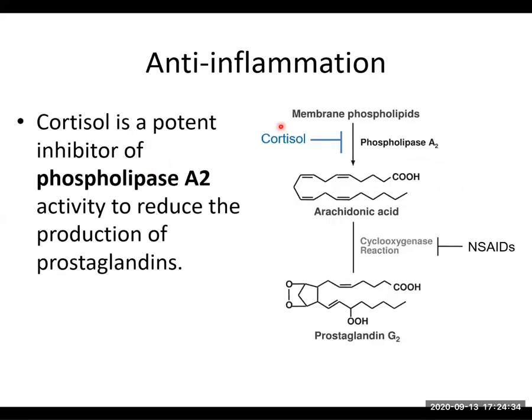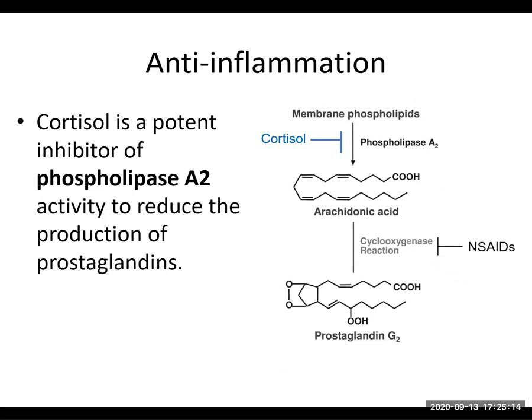It can also induce anti-inflammation, as we mentioned, immune suppression. How does it do it? It basically acts on an enzyme called phospholipase A2. What is this phospholipase A2? Some of you probably feel familiar with this figure. Yes, we talked about this one when we talked about the GFR, when we talked about non-steroidal anti-inflammatory drugs, NSAIDs, such as ibuprofen.